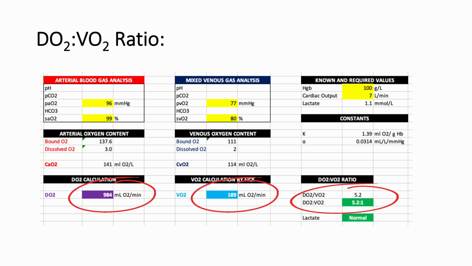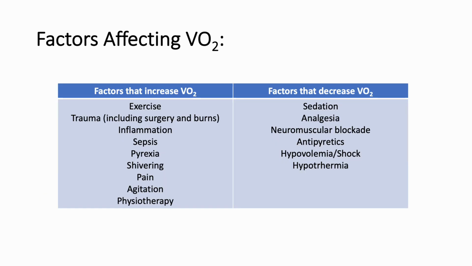From this calculation, we can be confident that, at least at present, hypoxemia and hypoxia is not a major issue for this patient. Also, by looking at the patient's lactate, which in this case is normal at 1.1 millimoles per liter, we find more evidence that the patient is not currently operating in anaerobic metabolism, again, at least at present.